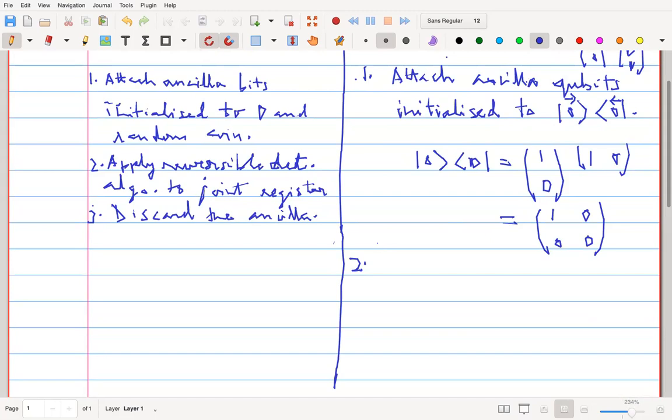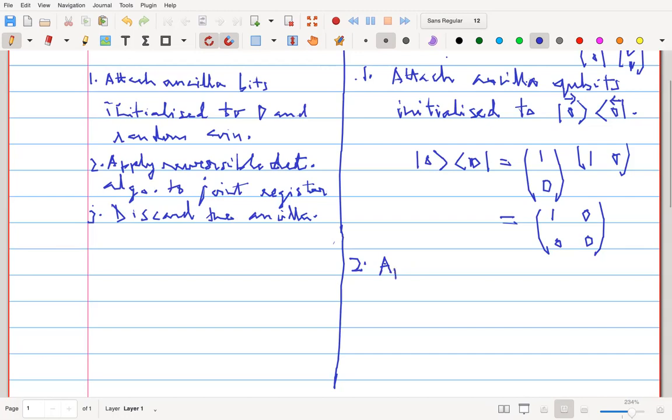Okay. Number 2. Then a deterministic algorithm, remember, was a permutation of all the input bits. So the algorithm is applied to the original input bits and the ancillary bits.